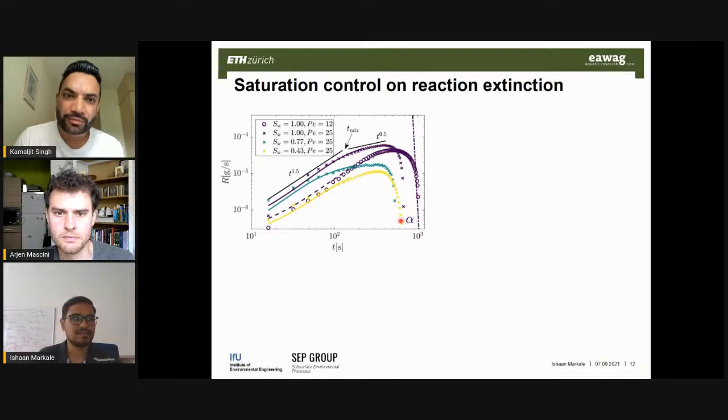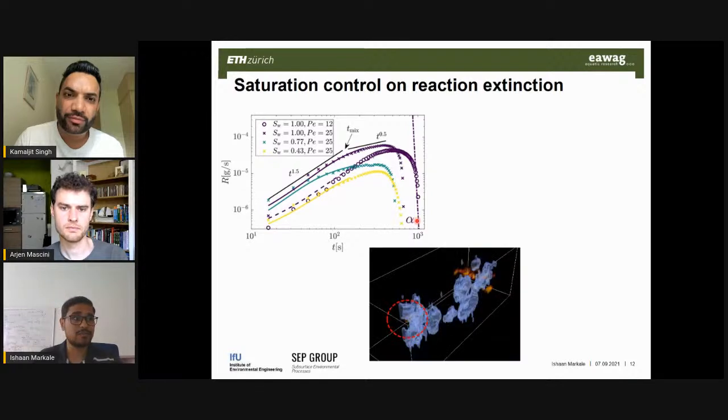And this slope, which I call alpha, basically controls how fast the reaction is extinguishing inside the porous medium. And as you see here, there is this incomplete mixing, which I mentioned before, which we thought is contributing to the fact that the lower saturation is making the reaction last longer.